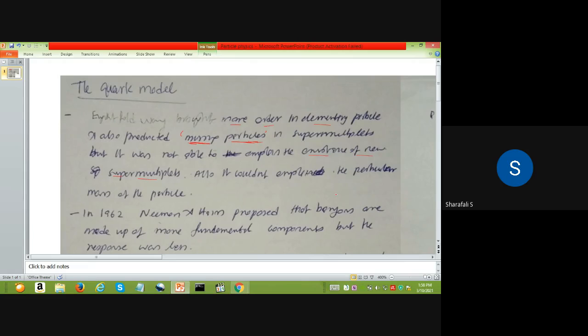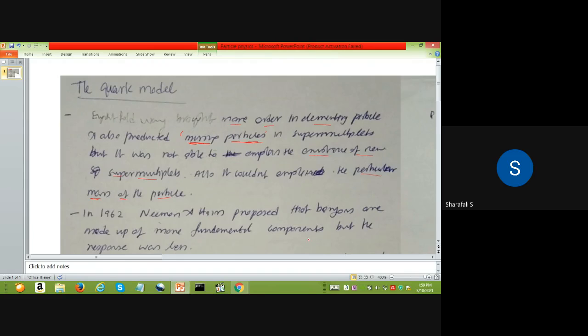In order to explain those new supermultiplets, the eightfold way was not enough. Also, it couldn't explain the particular mass of those particles. It explained many properties associated with those particles, but when it comes to the mass, it was able to predict it for some particles, but not the mass of all the new particles accurately.